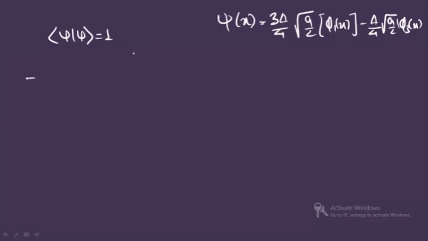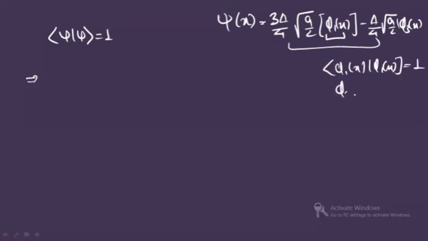When you put this value here, this term will come twice. So by the normalization condition, phi 1 integral is equal to 1, and phi 3 integral is also equal to 1. All other cross terms are 0 by orthogonality.